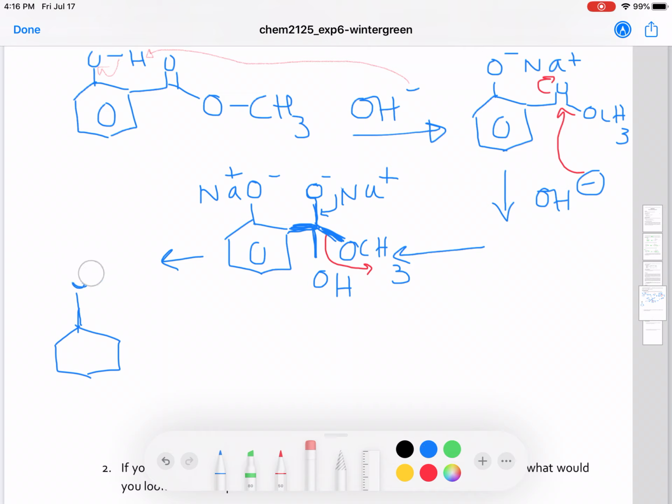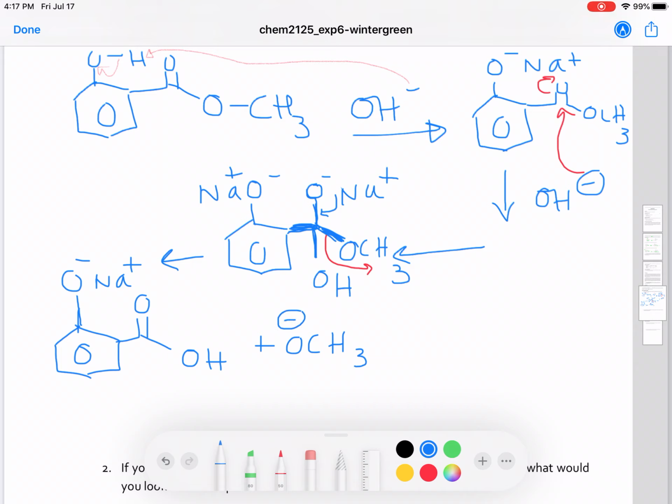Oxygen, and then from the other side we have this carbonyl group, OH, O minus, Na plus, and then we have the methoxide ion that leaves.